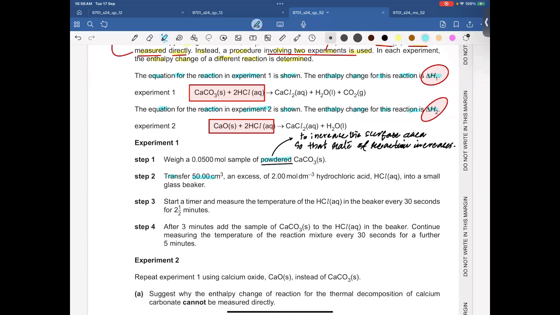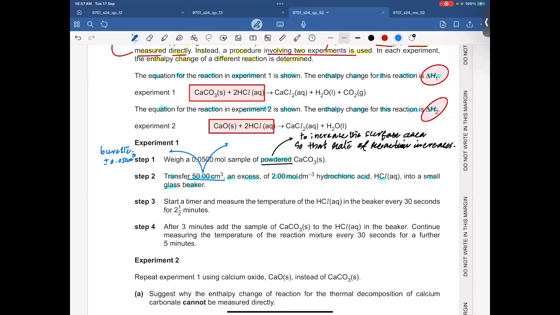Transfer 50 cm cube, in excess, of 2 mol per dm cube hydrochloric acid into a small glass beaker. Two points here. First of all, how can we measure 50 cm cube? What sort of apparatus do we need to use? We can use two different apparatuses. The first one is a burette, because a burette measures plus minus 0.05 cm cube volume, very accurate.